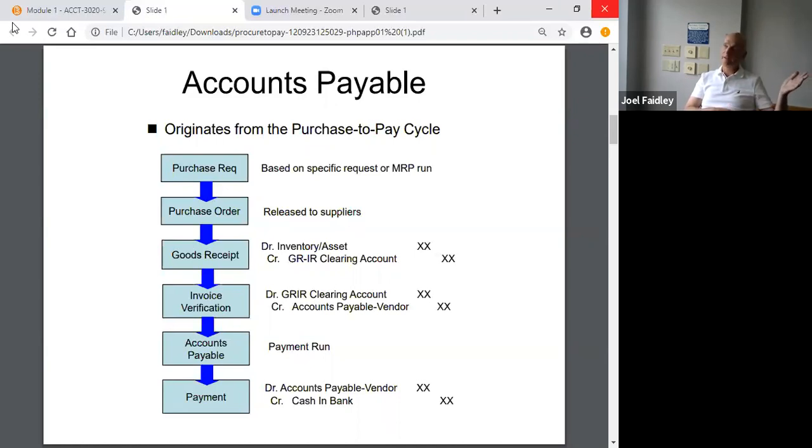In fact, going all the way back 30 years ago, the purchase order and the receipt were automated online, and the invoice was paper. So depending on the size of your company, it may be all paper, it may be all online. But I'd say your larger companies now, it's all online. But the three-way match still occurs. It's just done automatically.